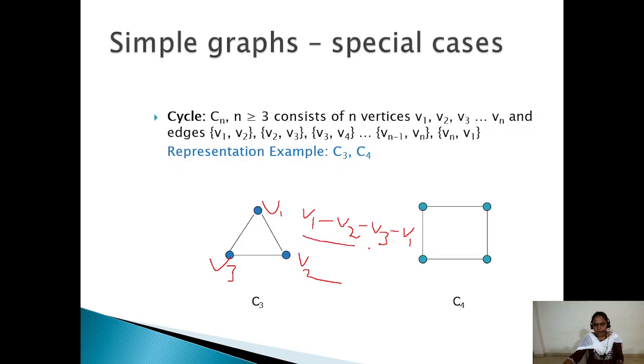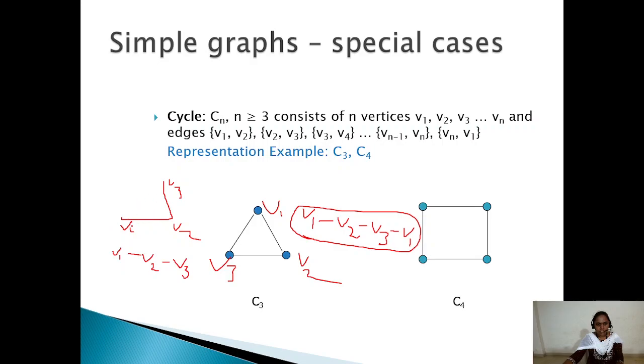This is one path. Here V1, V2, V3, V3 to V1, where is the path?